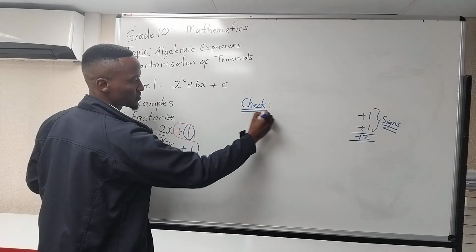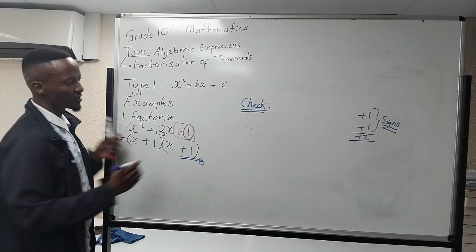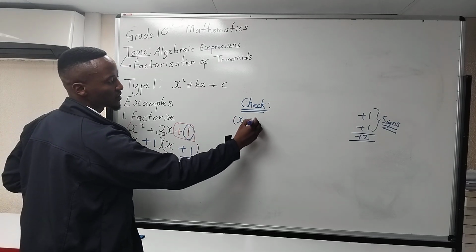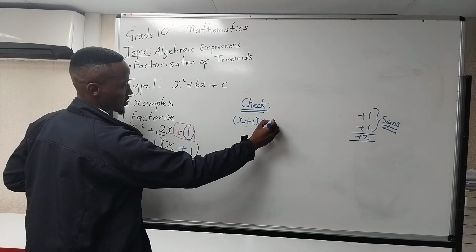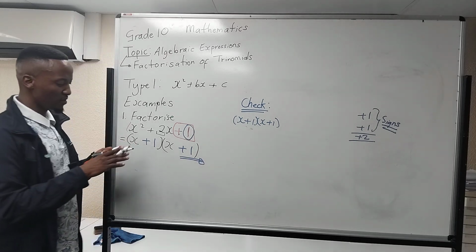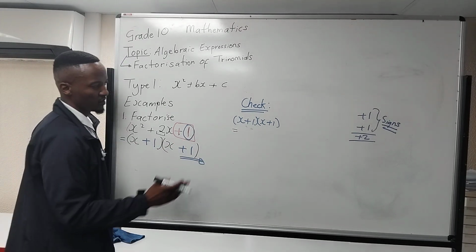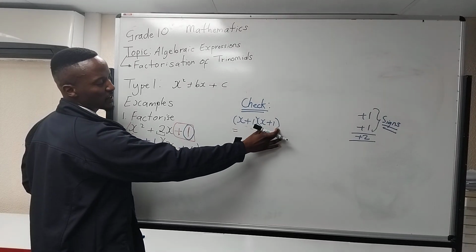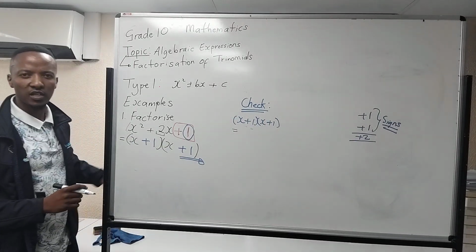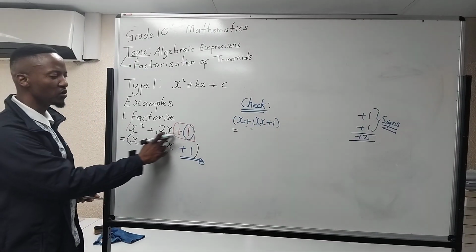When we check, it means these factors of x plus 1, they must be in such a way that when we multiply binomial by binomial, we must get our original trinomial, which is x squared plus 2x plus 1.